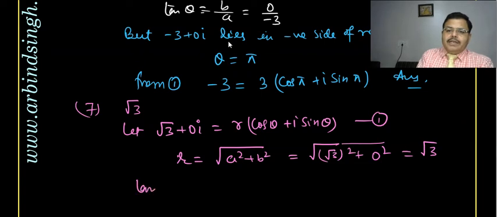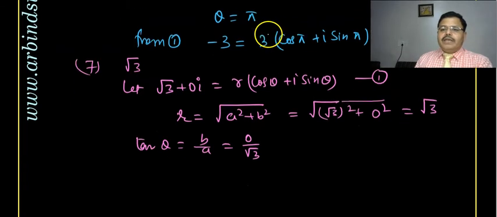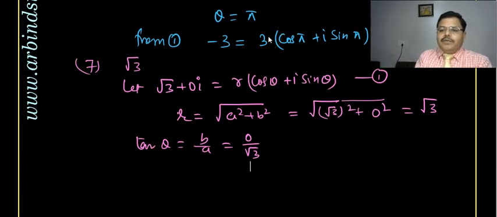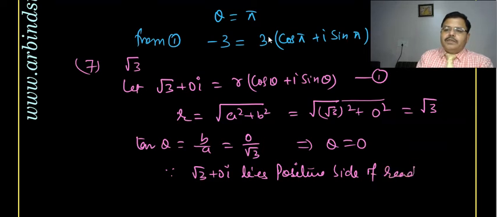And tan theta is given by b by a, that is 0 upon root 3, but since root 3 is positive, it lies on the positive side of the real axis, and therefore theta is equal to 0. Since root 3 plus 0 iota lies on the positive side of the real axis, isn't it?